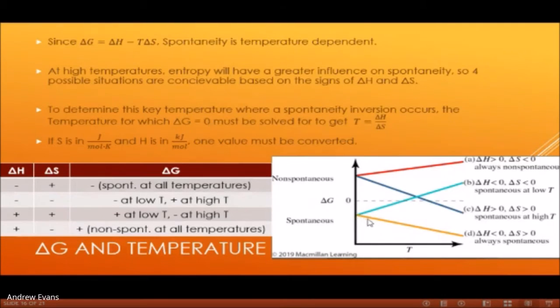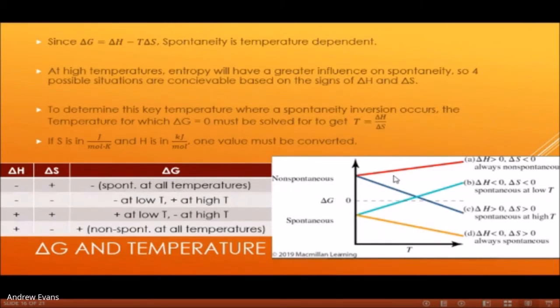At different temperatures, it would just go from spontaneous to more spontaneous. You can imagine a situation where delta H is positive and delta S is negative, where it absorbs heat and becomes less random, where there's no temperature where it becomes spontaneous. It is always non-spontaneous.